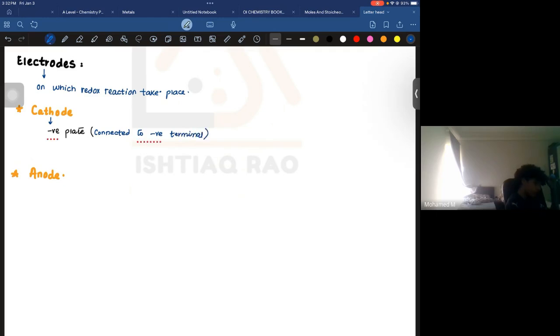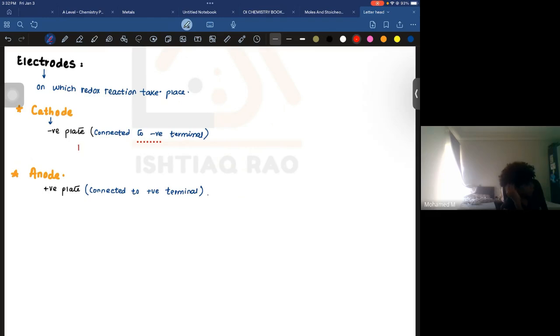And the positive plate is connected to the positive terminal of the battery. And also you can say on the cathode, reduction takes place, and at the anode, oxidation takes place.